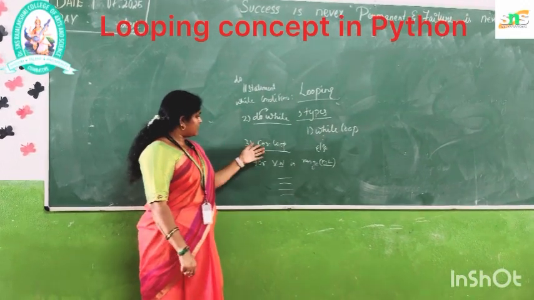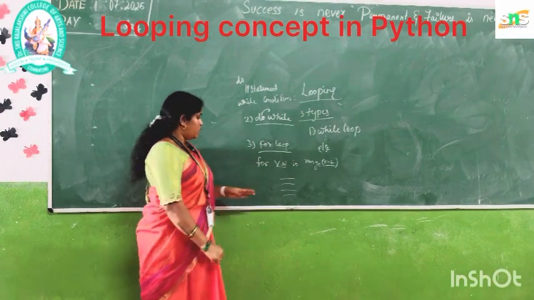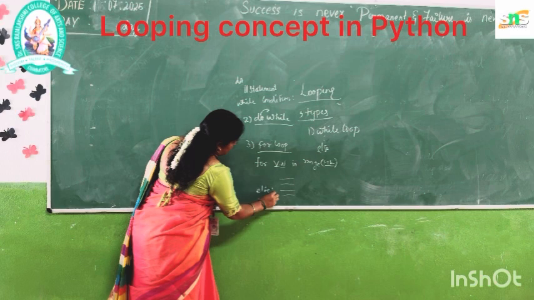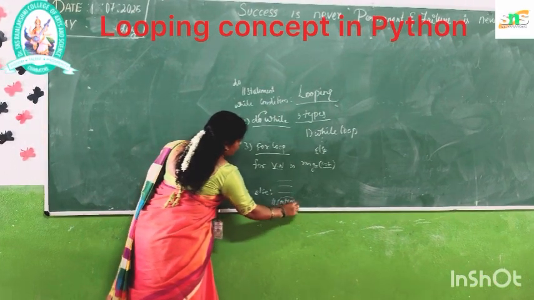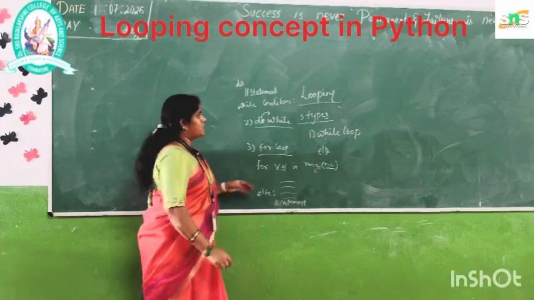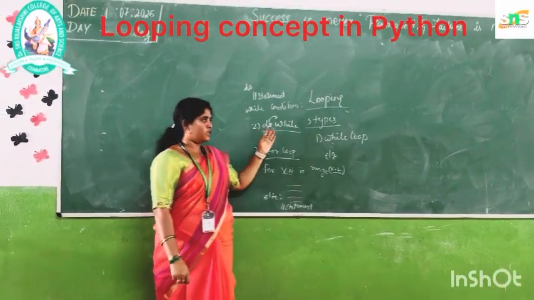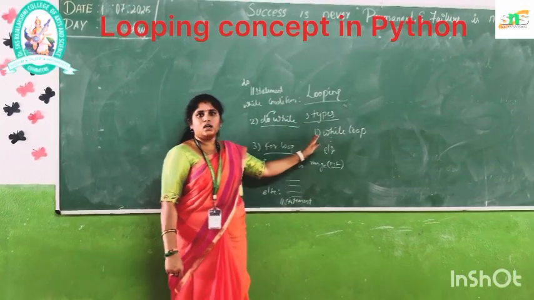Here also we are going to add the else part in the for loop. The statements will be executed, and at the end of that, we need to include the else part. So among the looping statements, we didn't add an else part in the do while, but we are adding the else part in the for loop and the while loop.